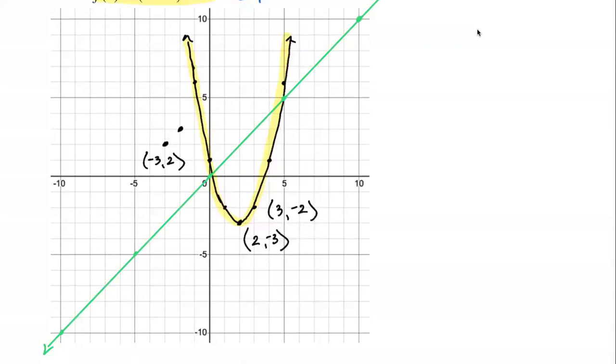If we keep going, we're going to get 4, 1, and this point will be 5, 6. And if we switch those, we'll get 1, 4, and then 6, 5. And if I connect those points, I would be able to go ahead and highlight those in the pink. Right?